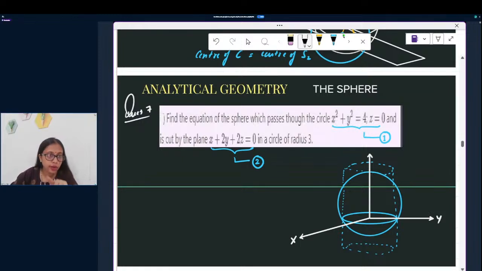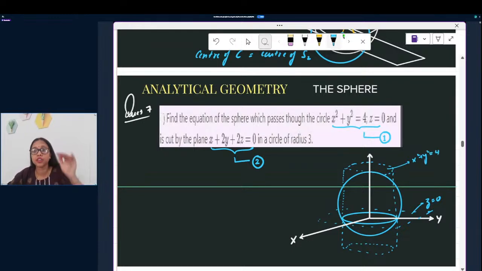So equation 1 comprises two equations, the equation of a cylinder and the equation of this plane, whose intersection is actually this. This is the plane, z is equal to 0, and this is the equation of a cylinder, x square plus y square is equal to 4, and whose intersection is given as that circle.